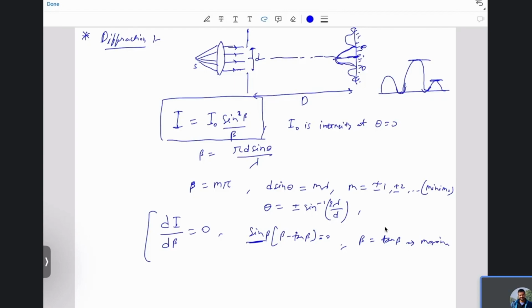So you have this angle theta, then the angular distance will be just 2 theta, right? And what is theta? Lambda by d.